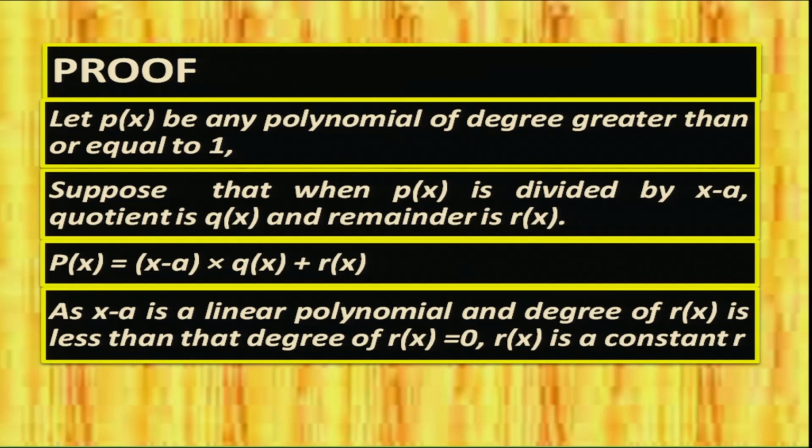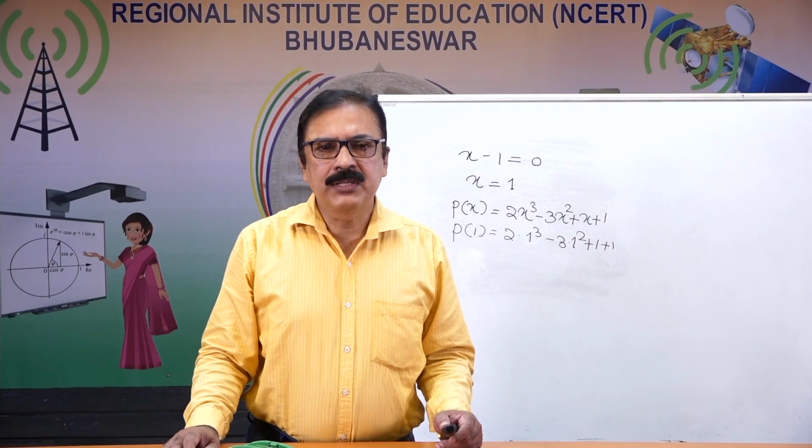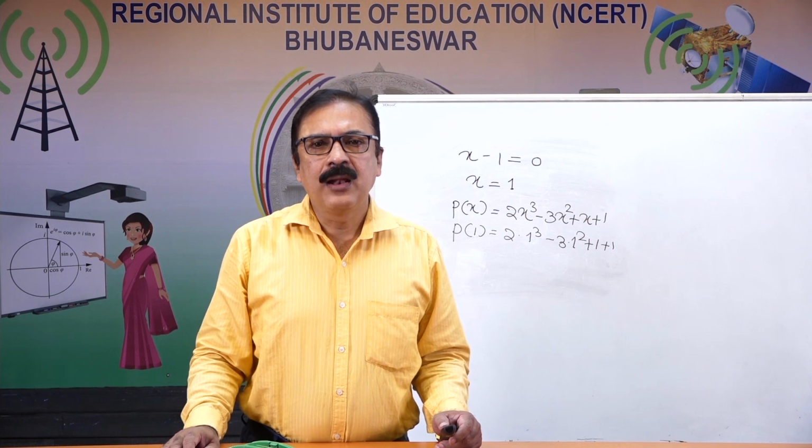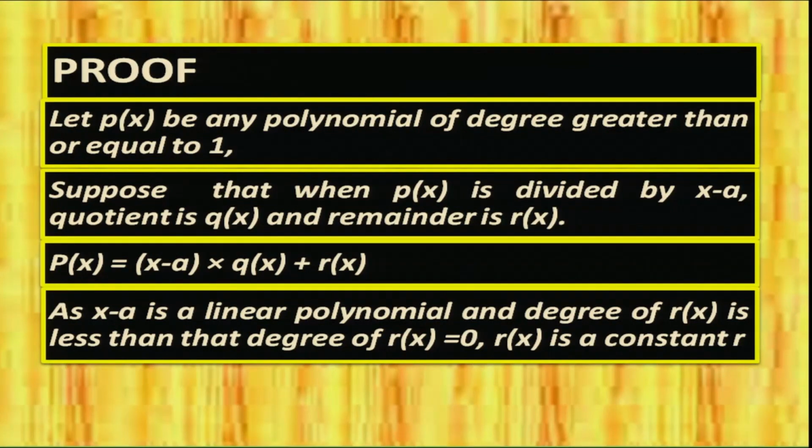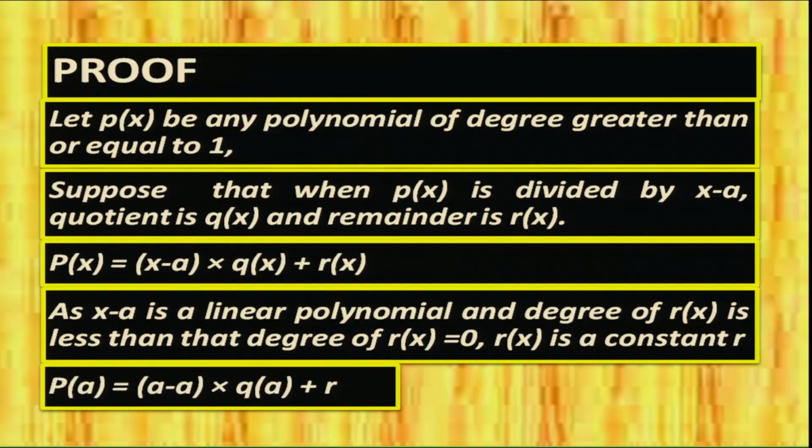So the degree of Rx is less than that of x minus a. That means it is less than 1. So the degree of Rx is 0. And we have already discussed that polynomials of degree 0 are constants. So Rx is a constant here, and let it be r. Then if we put the value of x as a, what do we get?